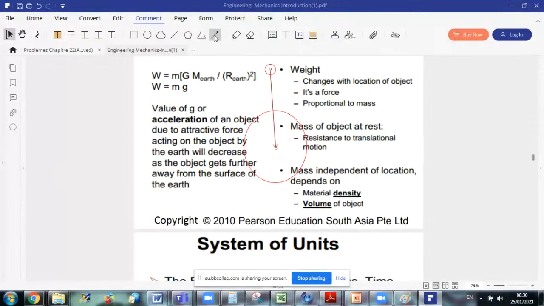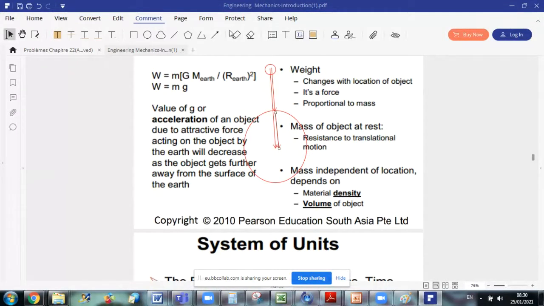If I consider that this distance from here to here is h, then the total distance will be h plus the radius of the Earth. If you want to name the whole distance h, you can, and it's not a problem. Just you should know that you should consider the total distance between the centers.